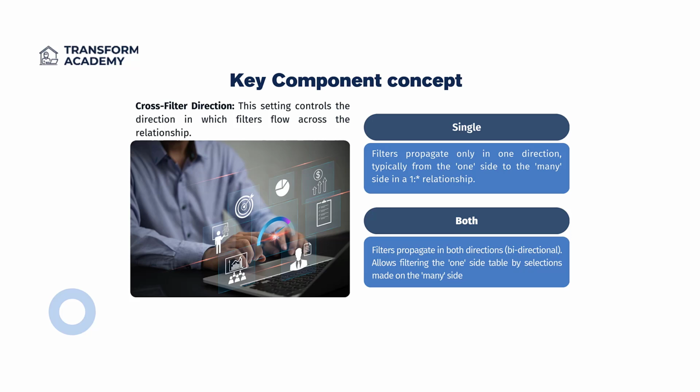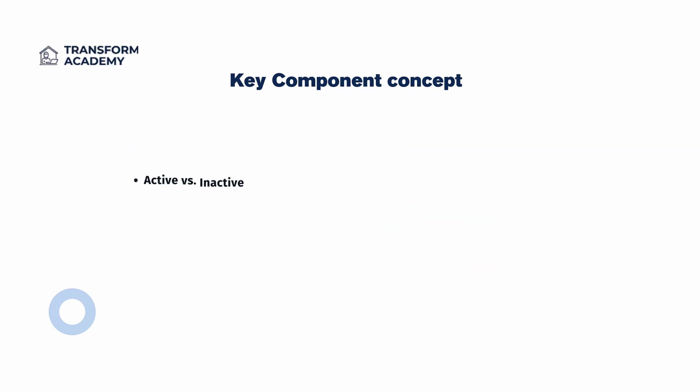Both. Filters propagate in both directions. Bidirectional allows filtering the one side table by selections made on the many side. Use this setting cautiously as it can sometimes lead to ambiguity in filter paths or negative performance impacts.